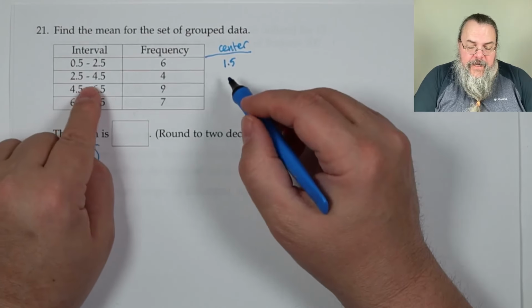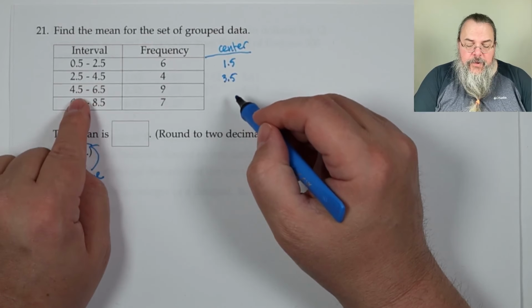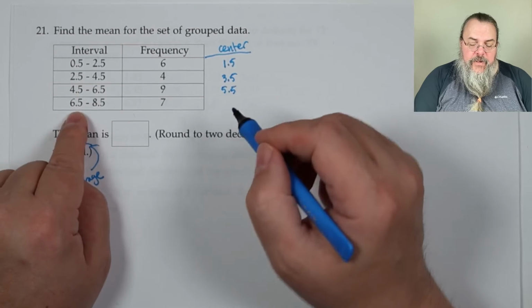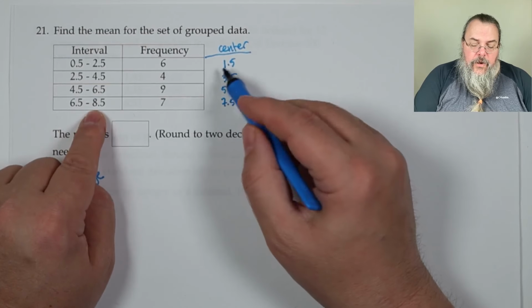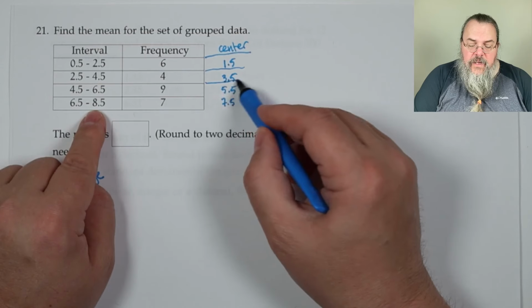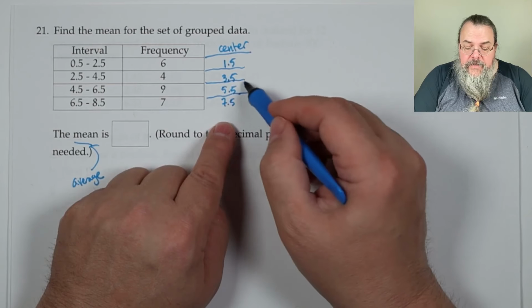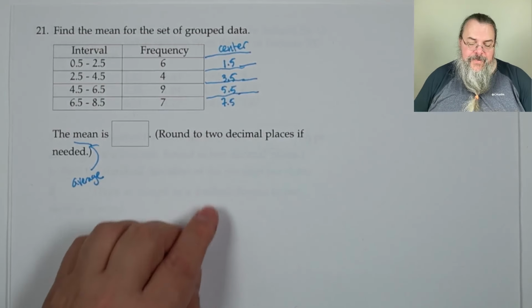Halfway between 2.5 and 4.5 is 3.5. Halfway between 4.5 and 6.5 is 5.5. Halfway between 6.5 and 8.5 is 7.5. So we're going to use these as the values. All right, so if you're given intervals, switch to the midpoints, the centers.